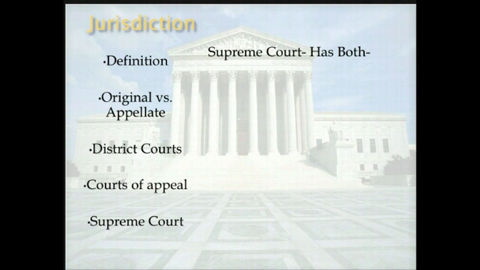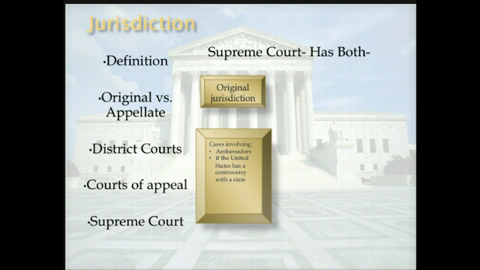Supreme Court. Now, the Supreme Court is unique because it has both original jurisdiction and appellate jurisdiction. So the Supreme Court is the first court to hear a case if there is a problem with an ambassador or a foreign dignitary, or if the United States has a controversy with another state.